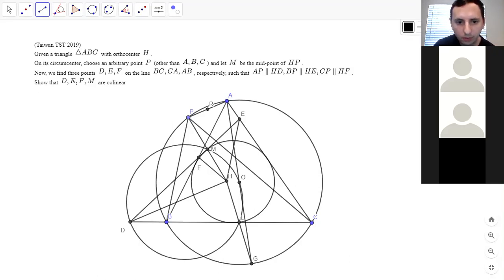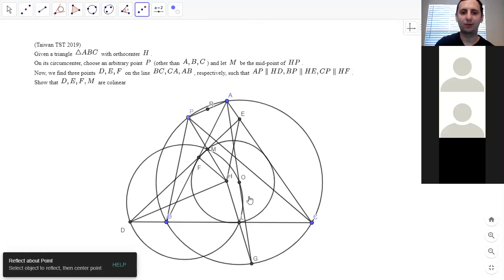I don't think APBH is a parallelogram. If you draw the reflection of H across BC as H prime, then OMR and ODH prime are similar. That's interesting.